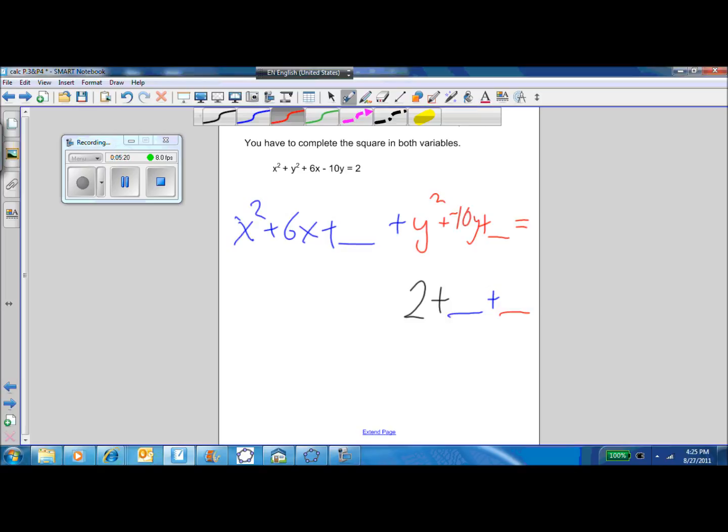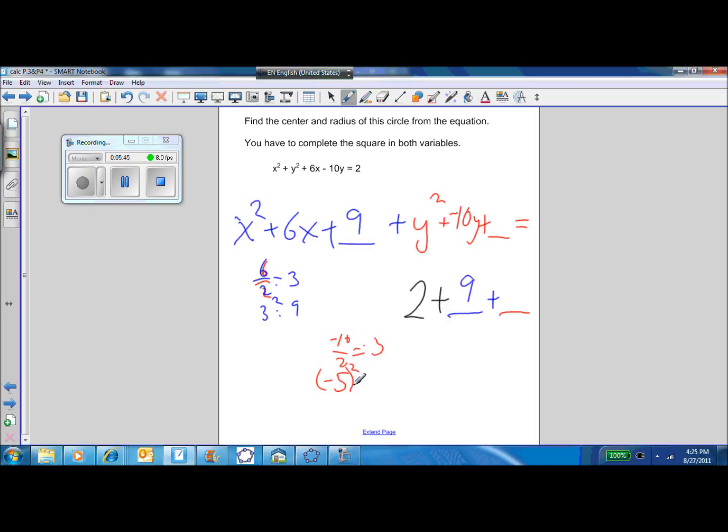So to complete the square in the x's, we're going to need half of 6, which is 3, and 3 squared is 9. So that's why we're going to add 9 to both sides there. To complete the square in the y's, we've got to take half of negative 10, that's negative 5, and square that. Negative 5 squared is 25.